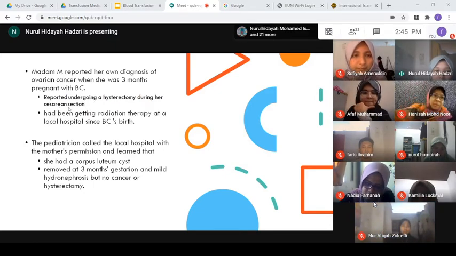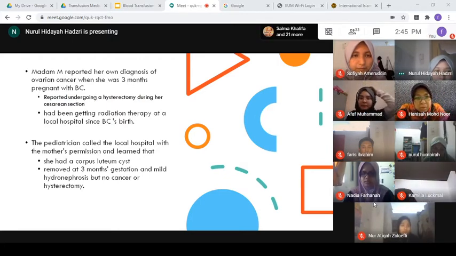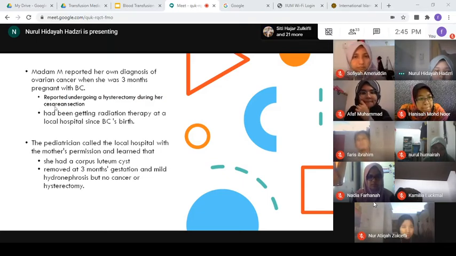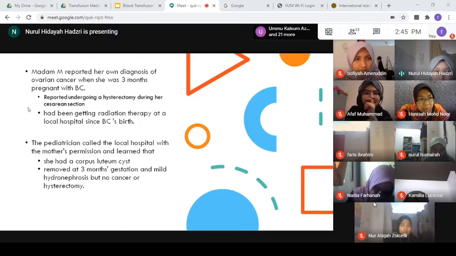So the doctor wanted to confirm the history, asked the mother's permission, and called the local hospital. The doctor learned that the mother had a corpus luteum cyst during pregnancy that was removed at 3 months gestation, with a finding of mild hydronephrosis. But there was no history of cancer and no history of hysterectomy.